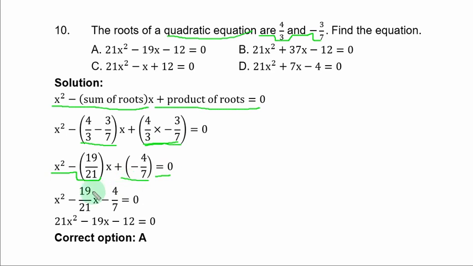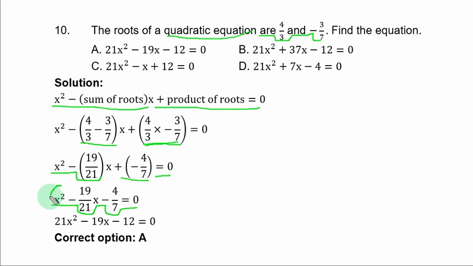If you open the bracket, you have s squared minus 19 over 21s plus minus is minus, you have 4 over 7 equal to 0. You have to multiply through by 21, the LCM of 21 and 7 to clear fractions.